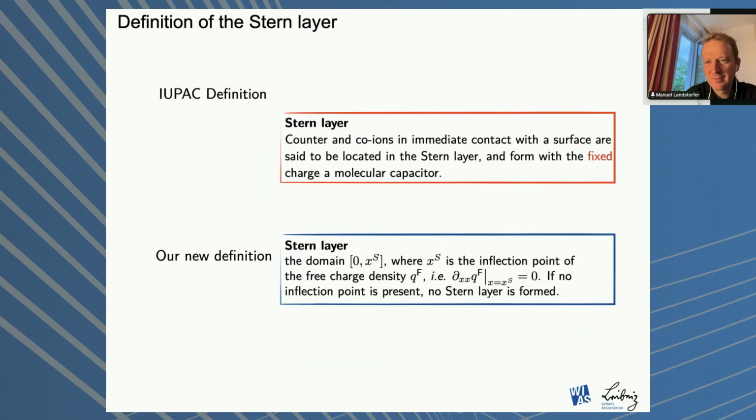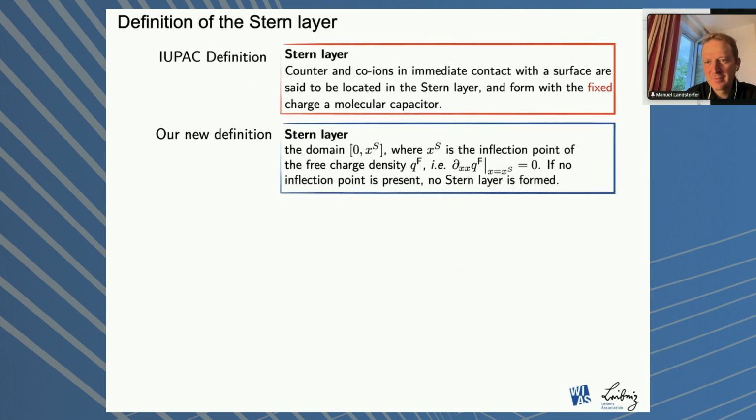For the Stern layer, there is the Helmholtz definition, where counter- and co-ions immediately have contact with the surface and form a Stern layer. We provided, quite some years ago, a mathematically sound definition of the Stern layer: it is exactly the domain where the charge density has, for the first time, an inflection point.